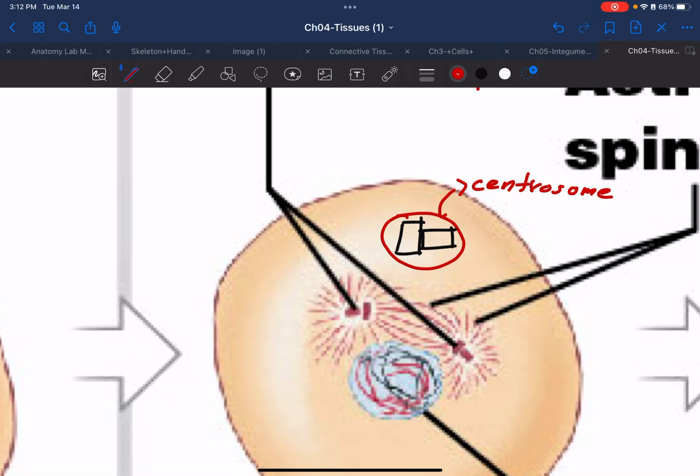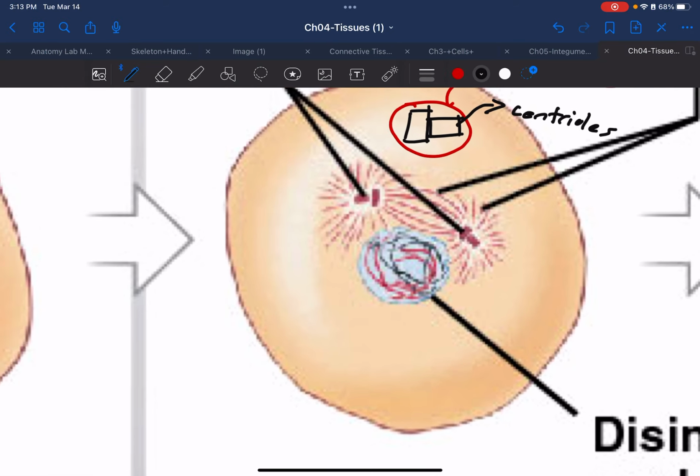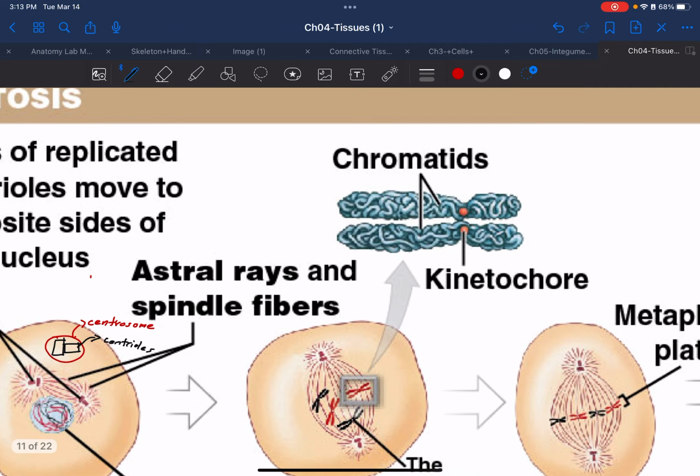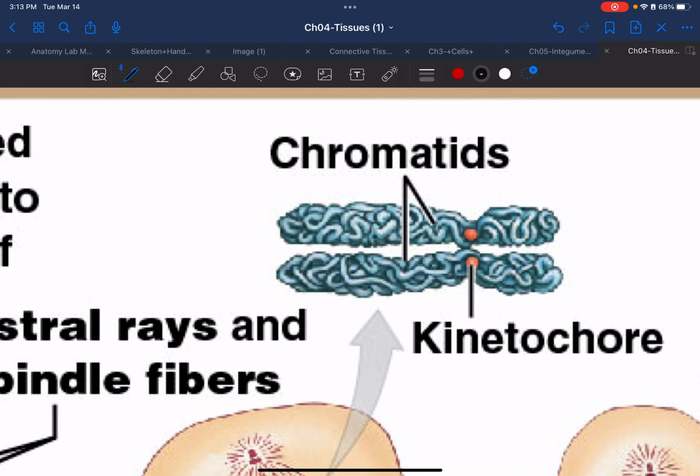Centrosome, and in black we have our centrioles. And as far as we're concerned, they are almost the same thing, in the sense that their role is going to be to move the DNA complexes. And from now on, instead of saying DNA complexes, I'm going to say the word chromatids or chromosomes, okay?